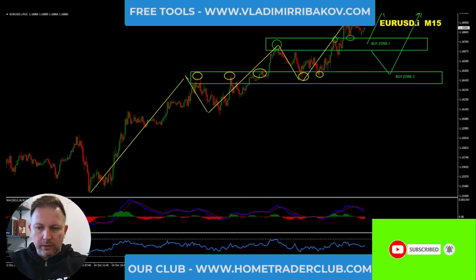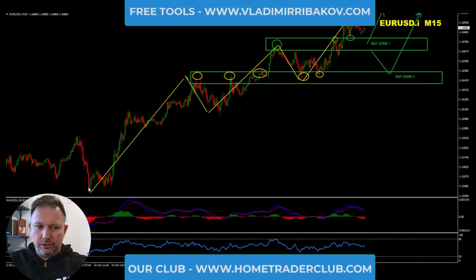Now the verification for such a trend is that each of the yellow waves we can break down to smaller waves, right? 3 waves up followed by 2 waves down, then again 3 waves up, again 2 waves down, and again 3 waves up.